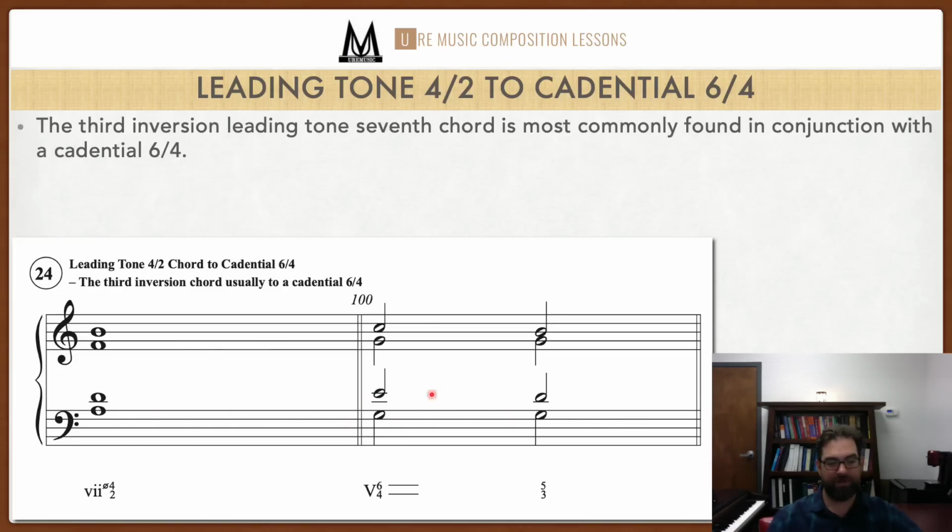And then all of this is just moving by step. This allows for a really powerful intensification of the dominant here. And so when we have the leading tone chord in such an unstable position as the third inversion, it tends to go to an even more unstable cadential 6-4 before actually resolving.